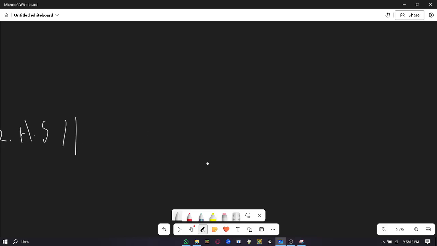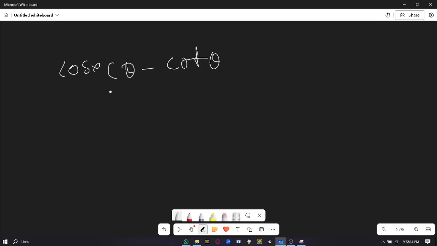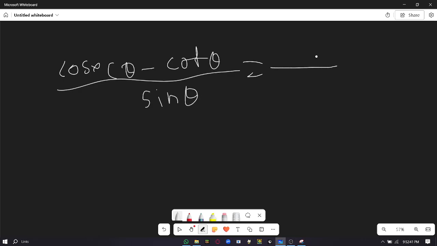Let's do this one. Oh, it's a weird looking cosecant. Fix it. So, cosecant theta minus cotangent theta divided by sine of theta is equal to 1 by 1 plus cosine of theta.